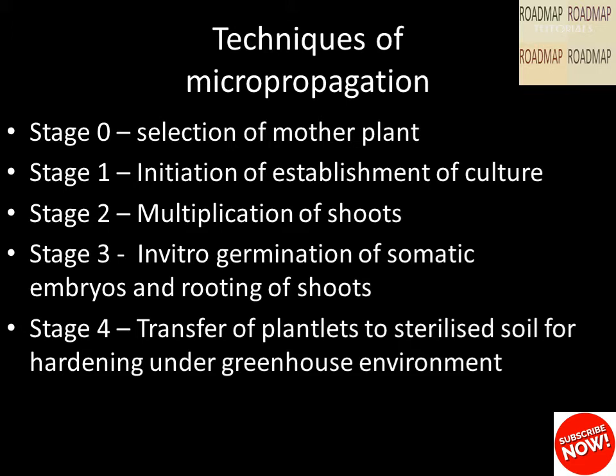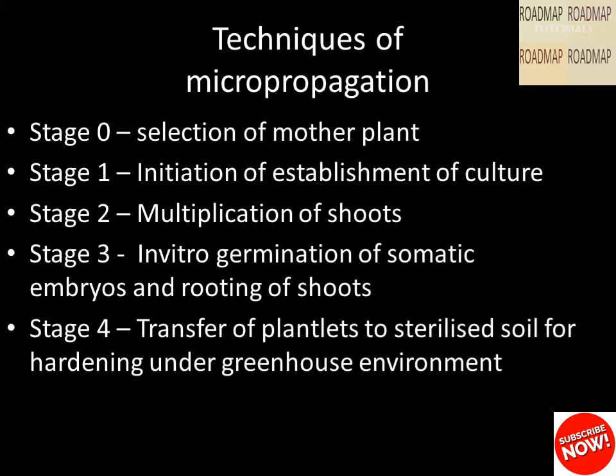Stage 0 is the initial step in micropropagation, and it involves the selection and growth of stock plants for about 3 months under controlled conditions. In stage 1, the initiation and establishment of culture takes place in a suitable medium.